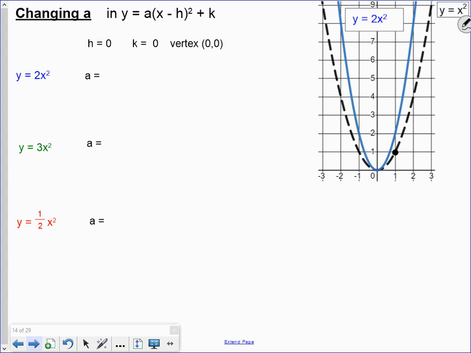We have taken this point here and here, and we've moved them up to here and here. So if our a value here is 2, our parabola is stretched vertically by a factor of 2.